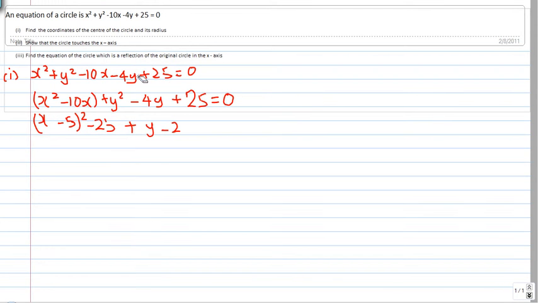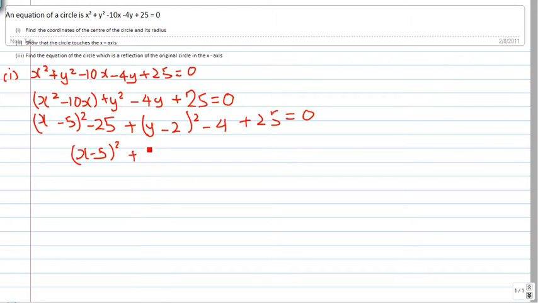So it's just x minus 5 squared minus 25 plus y minus 2 squared minus 4 plus 25 equals 0. And then we get x minus 5 squared plus y minus 2 squared minus 4, because negative 25 and positive 25 will cancel out, equals 0.